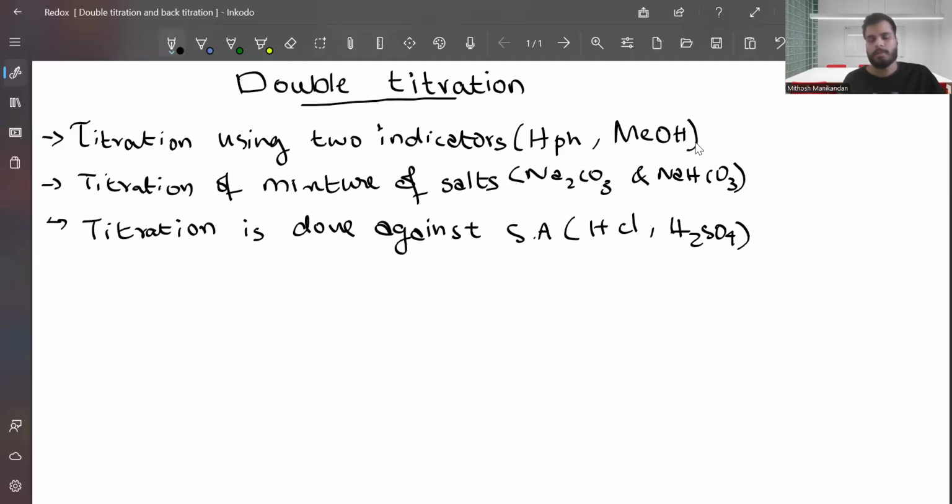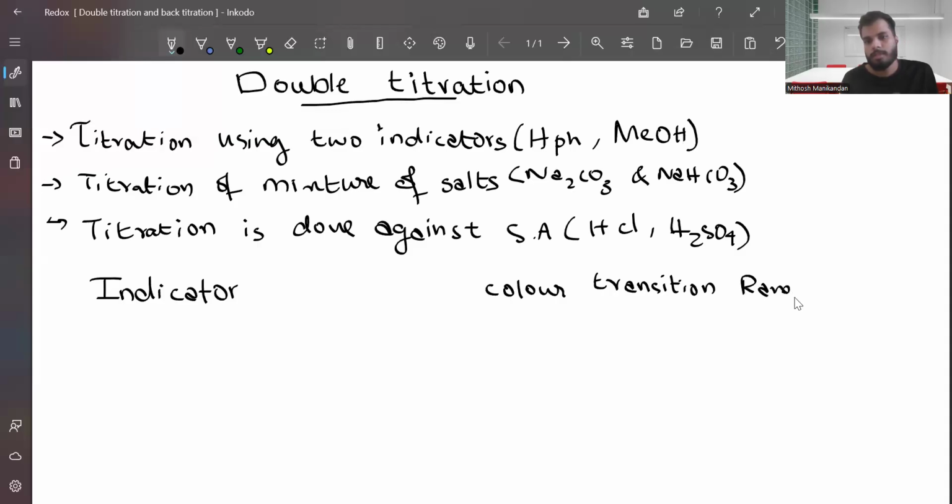Let's see how these indicators work. Indicator and color transition range. What is the meaning of color transition? When does the color change occur? Because that's when you can find the equivalence point, correct?